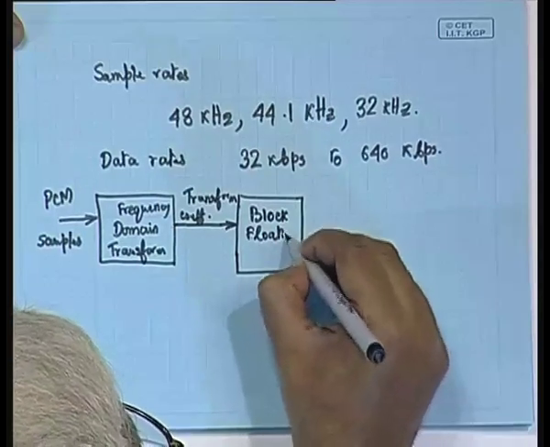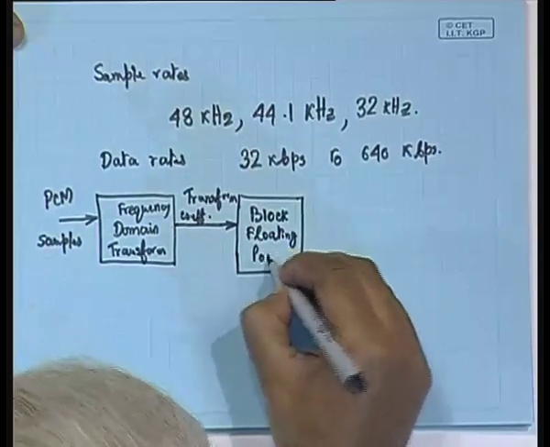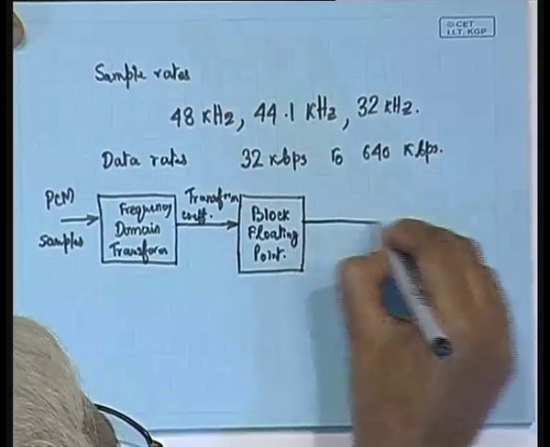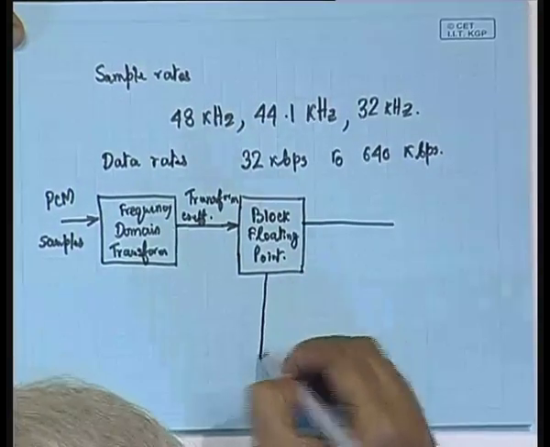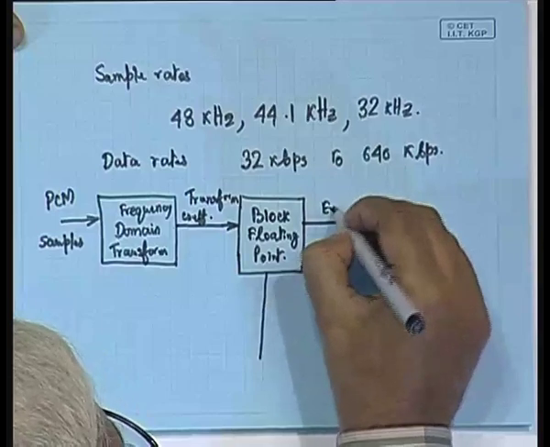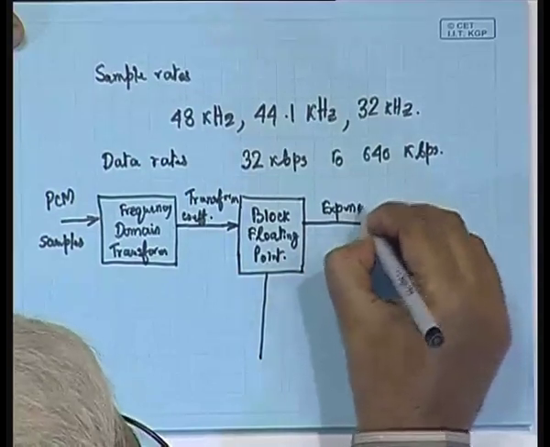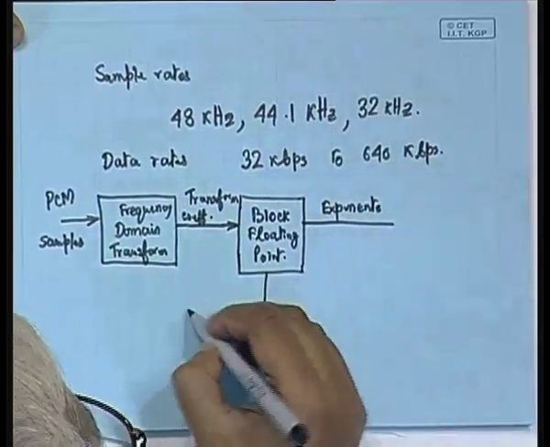So, this is block floating point, which separates it out into the exponents and the mantissa part.